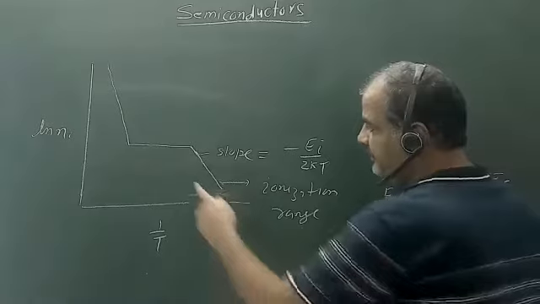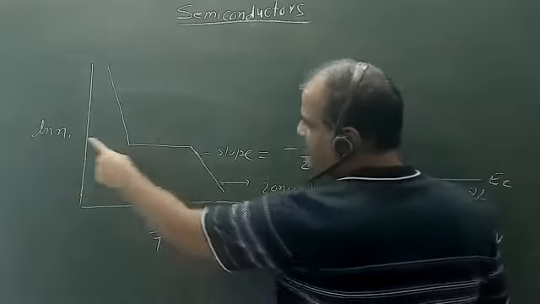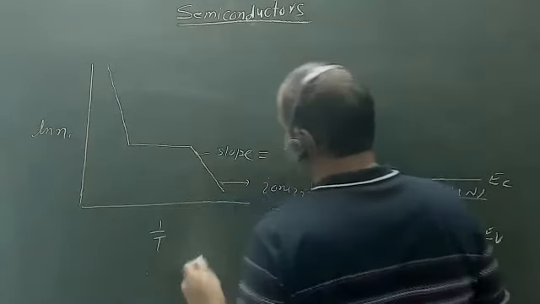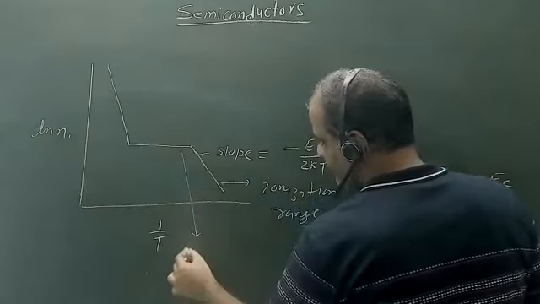At the middle or medium temperature range, your concentration of electrons is constant, and this region is called the extrinsic region.